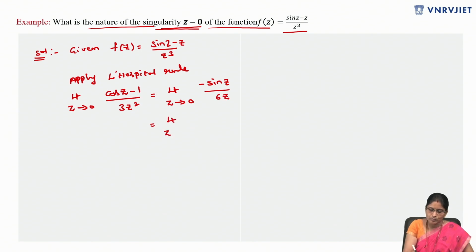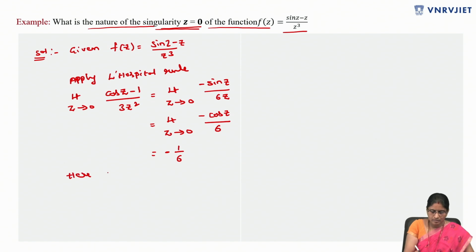Again we are applying L'Hospital rule. Limit z tends to 0, minus cos z by 6. Then apply the limit. If we apply the limit z is equal to 0, we get minus 1 by 6.